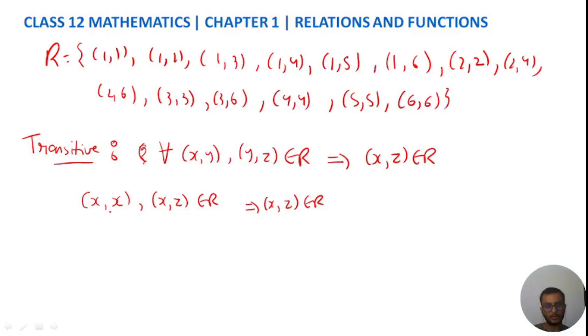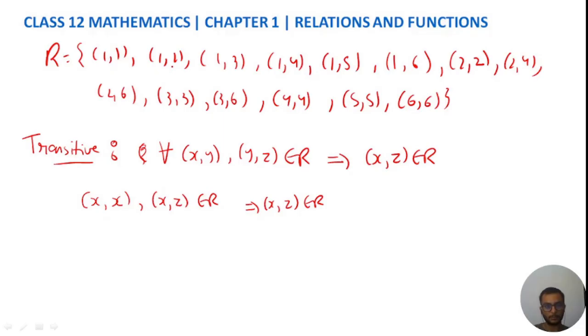So whenever one of the elements is of type (x, x), the transitive property will hold, that is, if (x, y) and (y, z) are in R, then (x, z) is in R. So we do not need to verify this property for this type of element.